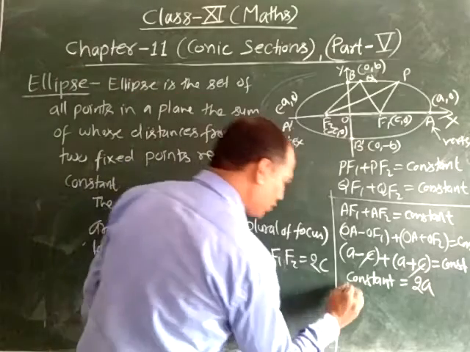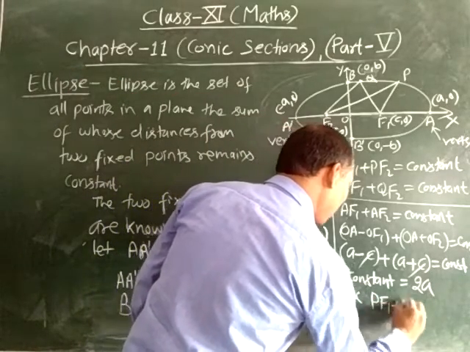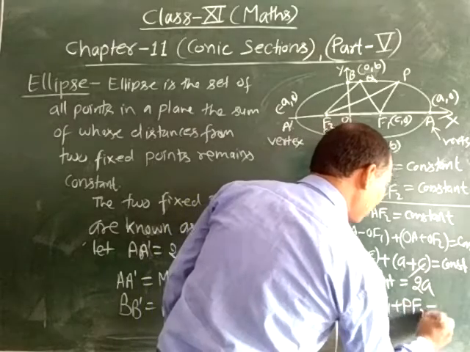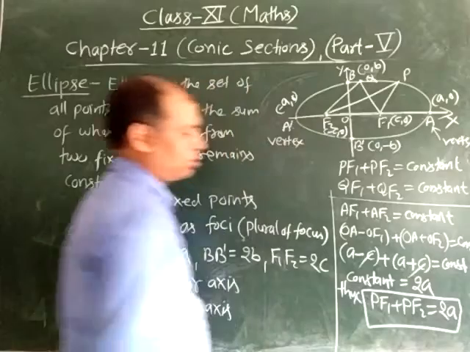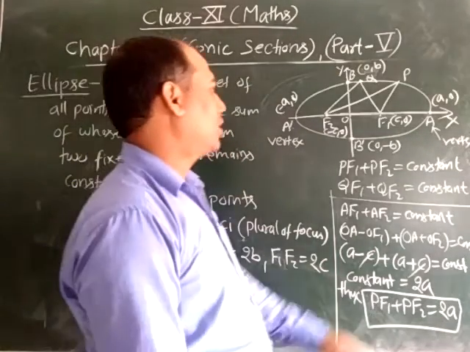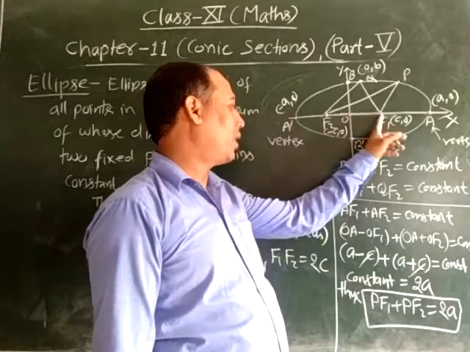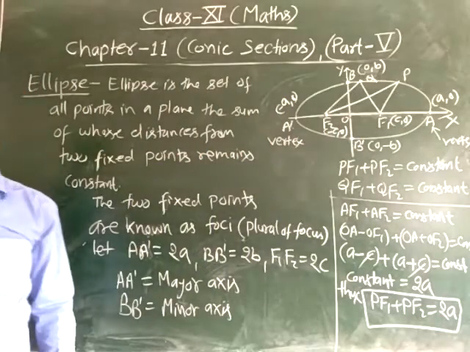Thus we can write PF1 plus PF2 is equal to 2A. That means for any point on the ellipse, the sum of the distances from F1 and F2 is equal to 2A. It is clear, students?